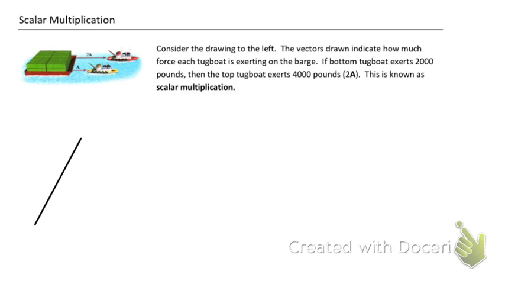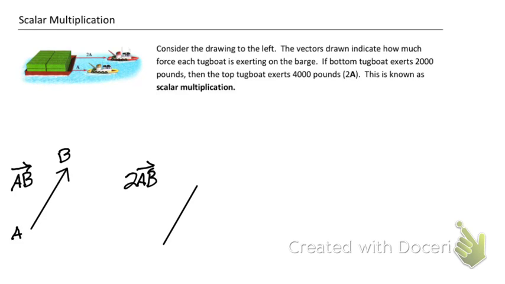So first of all, let's come up with a vector down here, not that big. Let's go like there. And we will call it AB. So this is vector AB. Now if I had to draw 2AB, I would draw it in the exact same direction.